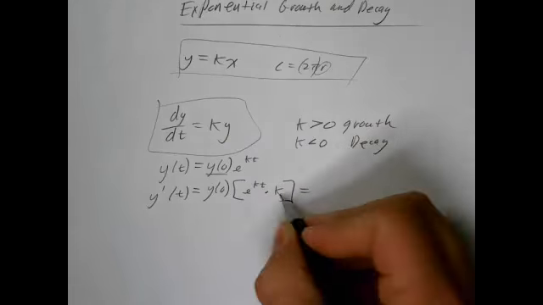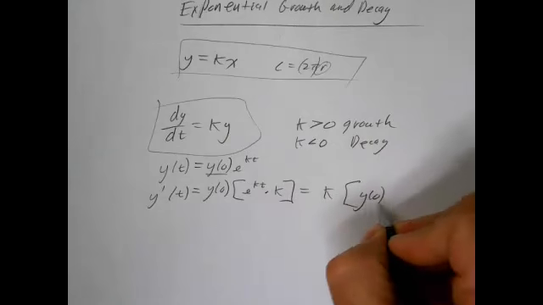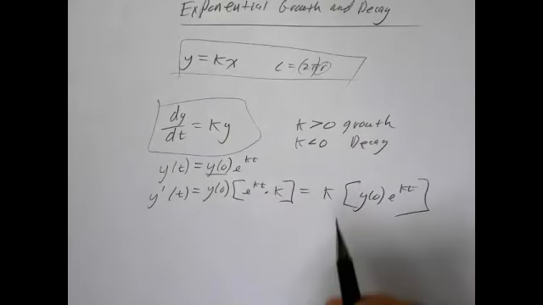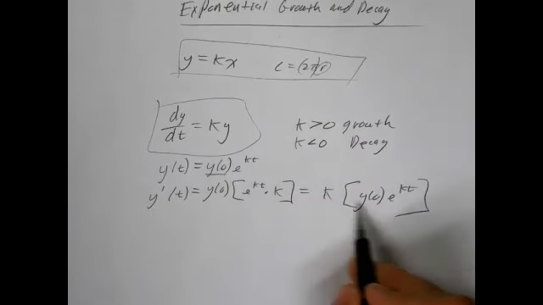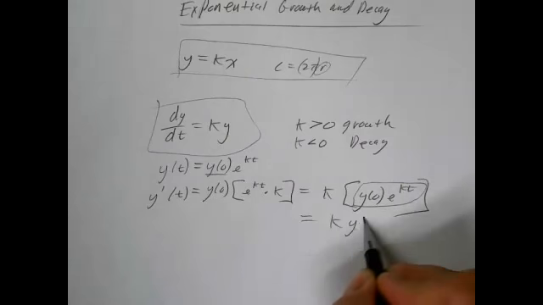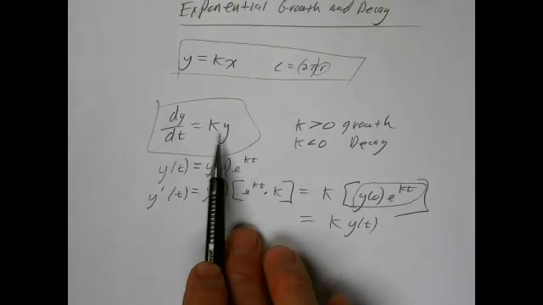Rearranging this slightly, I'm going to take the k and toss it out front. Notice that the derivative of the original function is equal to k times this. And what is this? Hopefully you recognize it. It's the original function. So notice that this function does fit this pattern.